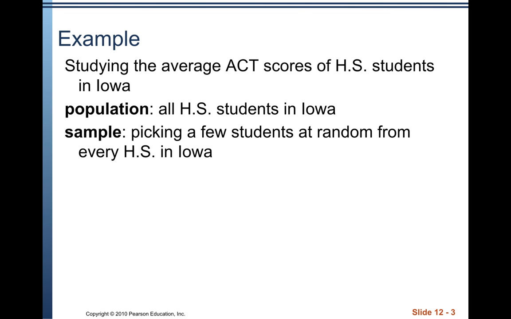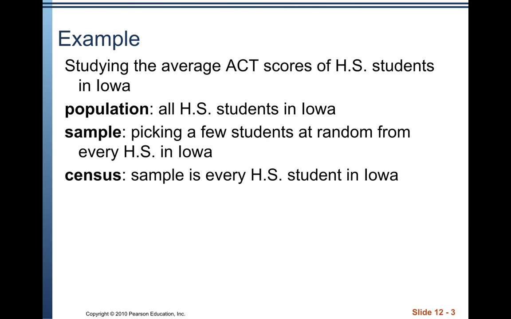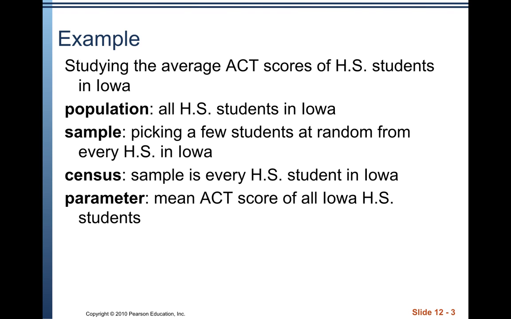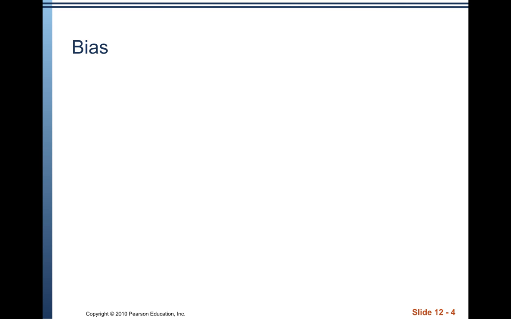A sample might be that I pick a few students at random from every high school. A census would be that I literally sample every high school student in Iowa. Is that feasible? Probably not, but that would be an example of a census. And in this case, the parameter would be the mean ACT score. So that's an example of what I was talking about on the previous slide.